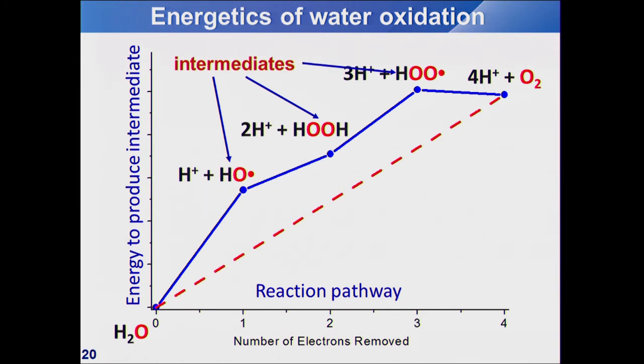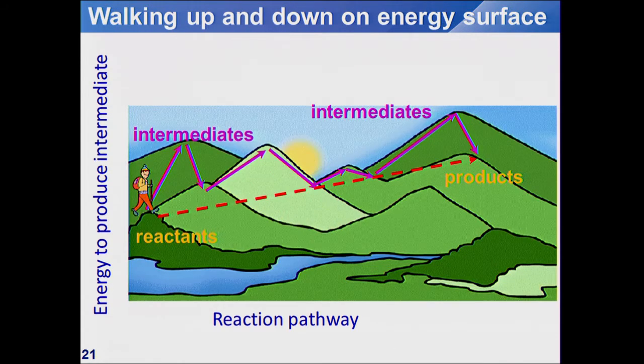I can try to make a real-life analogy to this as, for example, a person walking on a hilly path, and this person wants to get from this point to that point. It's uphill, so he needs to use some energy. That represents our reaction pathway. And he starts at the beginning, which is our reactants, and he ends at the end, which are our products.